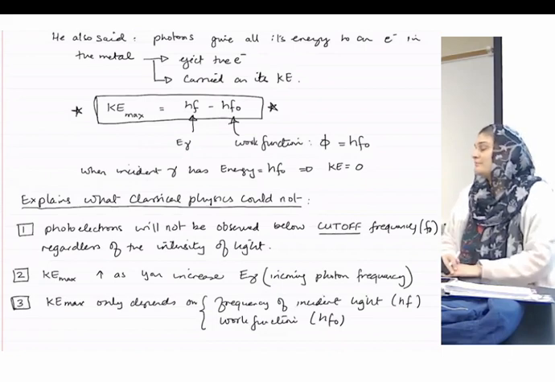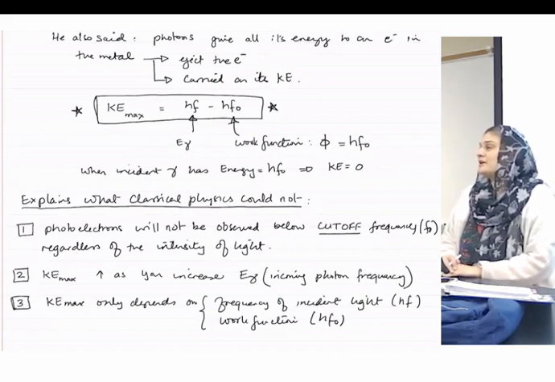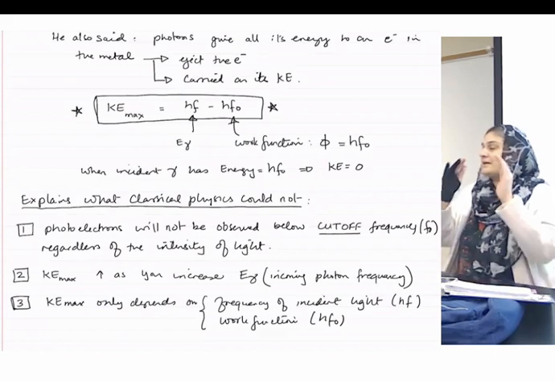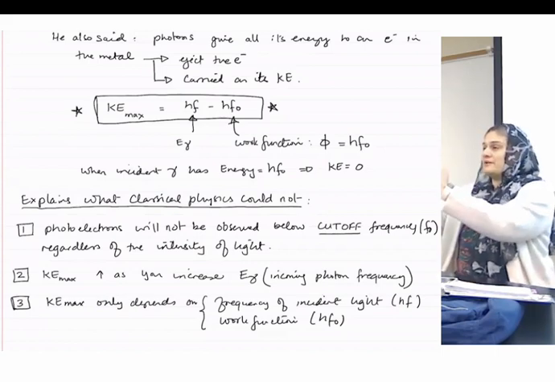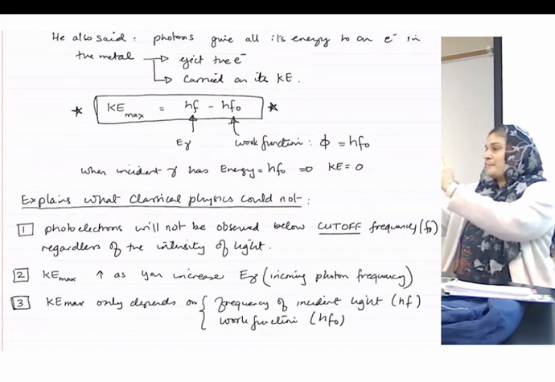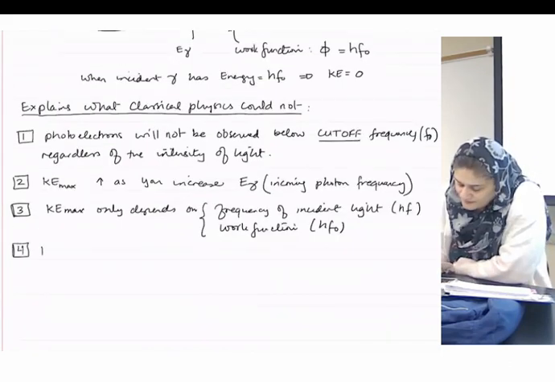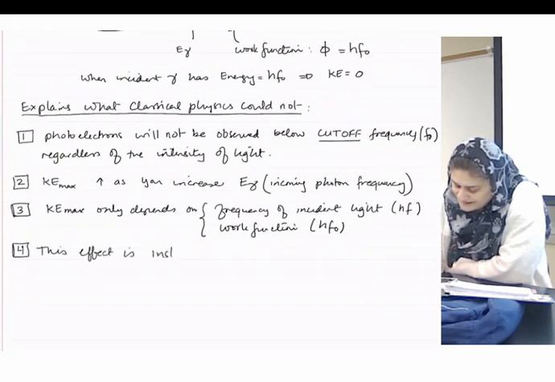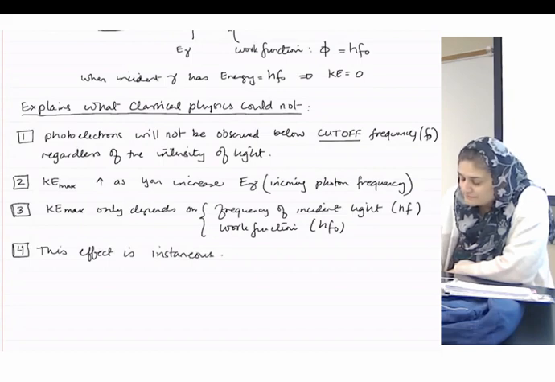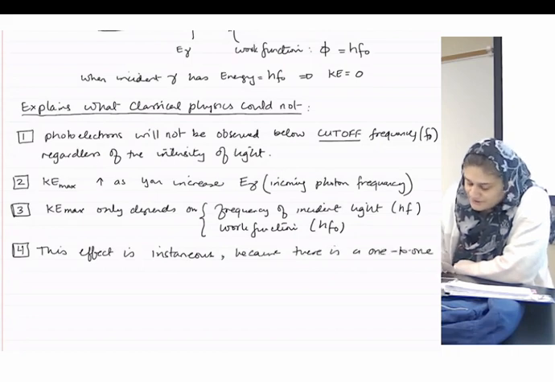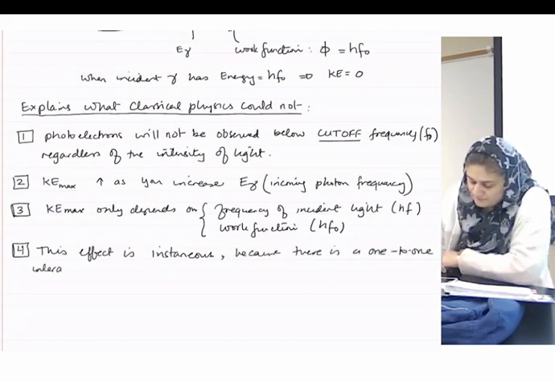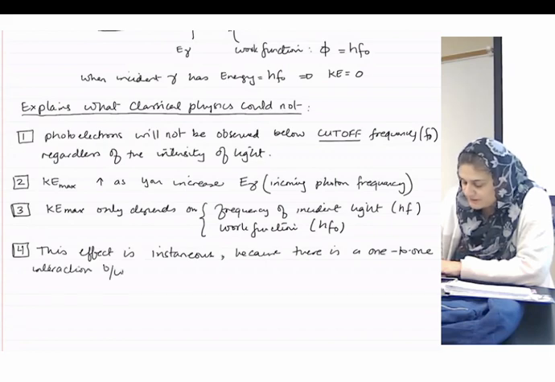Right? According to that formula you put in the stars. Kinetic energy max only depends on frequency. And number 4, this effect is instantaneous because there is a one-to-one interaction between photons and electrons.